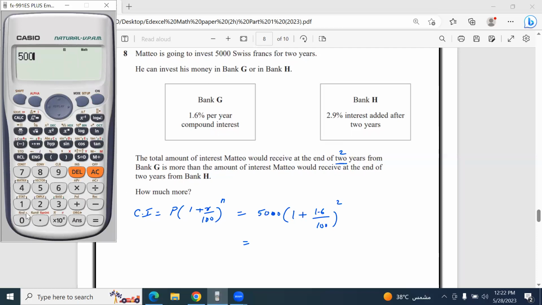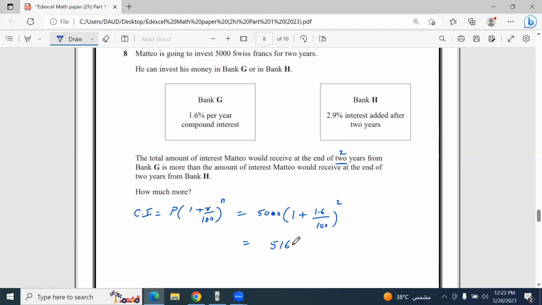We have 5,000, bracket open, 1 plus 1.6 over 100, bracket close, and power is 2. That gives me 5,161.28. This is bank G.